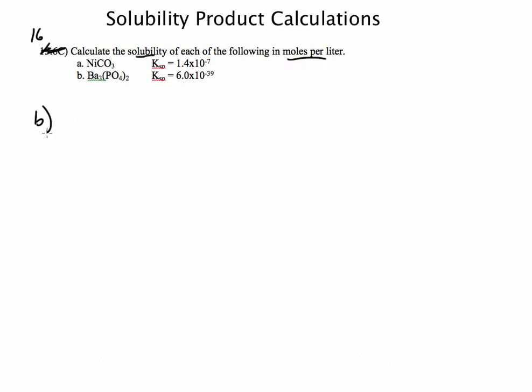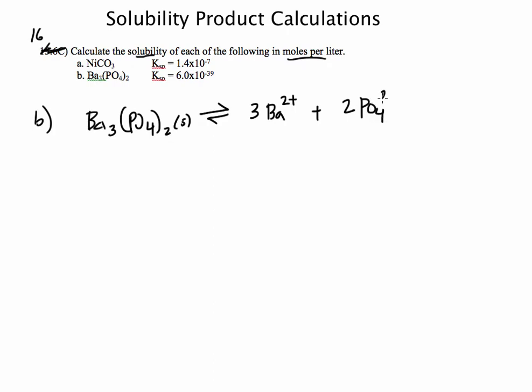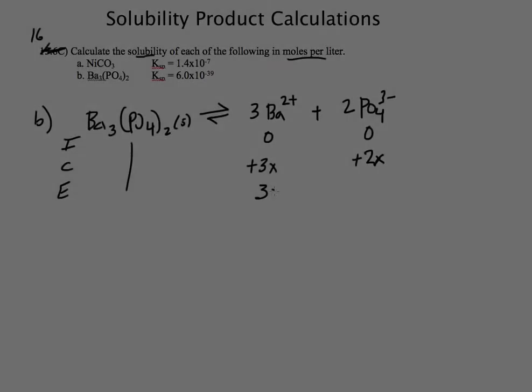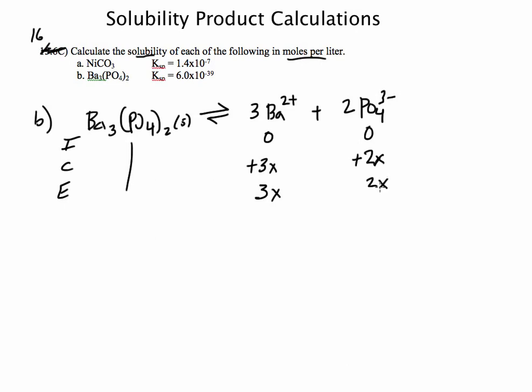So B. Again, I'm going to start with the dissociation reaction, which is breaking this up into its particles. It's the solid, and I dissociate this into ions, and I'm going to get 3 barium 2 plus ions and 2 phosphate ions in solution. So I end up with 3x and 2x.